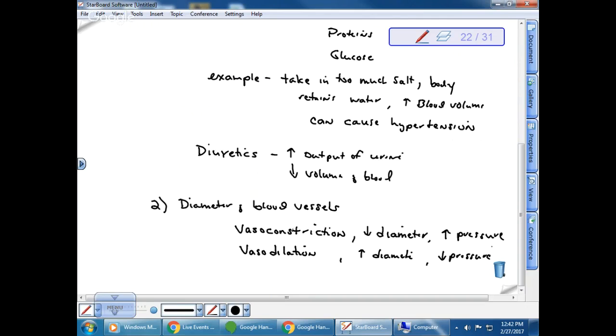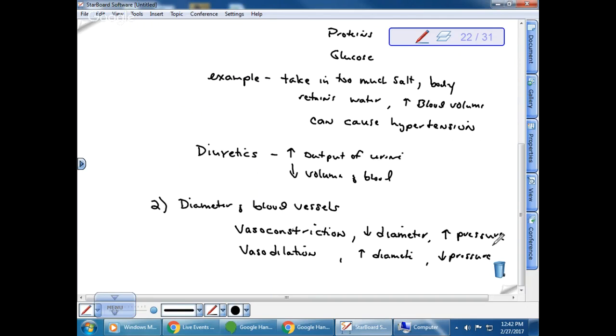Now, normally what happens is that blood gets shunted away from vessels that are constricted, but sometimes blood really needs to go to a certain place like the heart or the brain, and so it goes through there anyway under high pressure, and sometimes it can cause the blood vessels to rupture, right? So vasoconstriction would lead to hypertension, right? Vasodilation would decrease blood pressure.